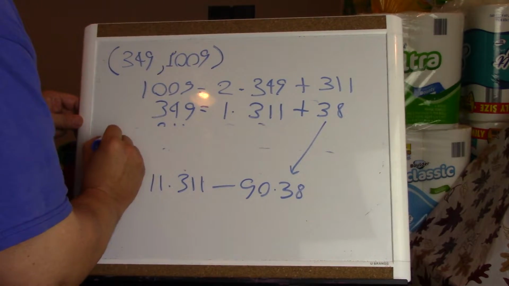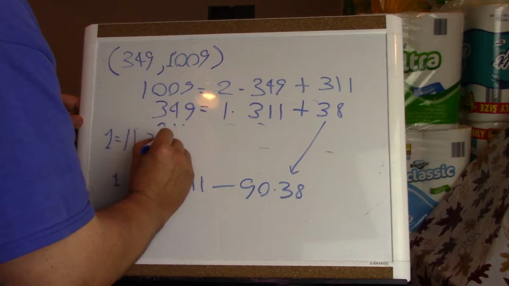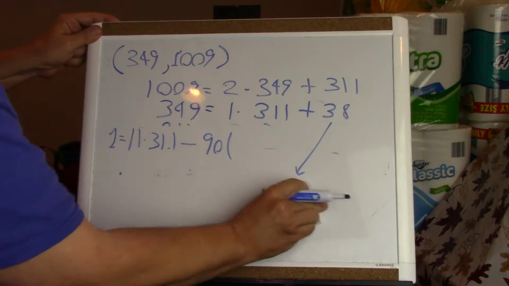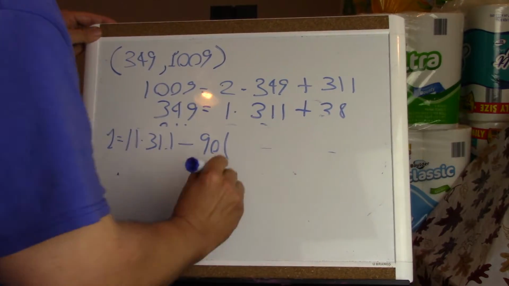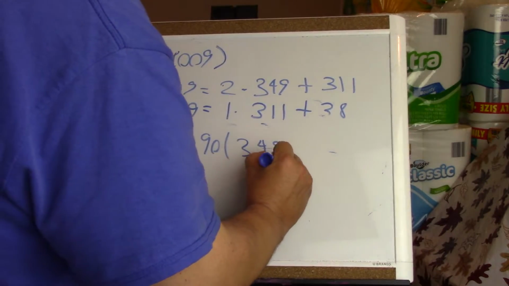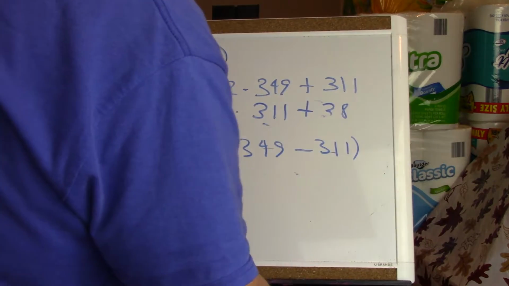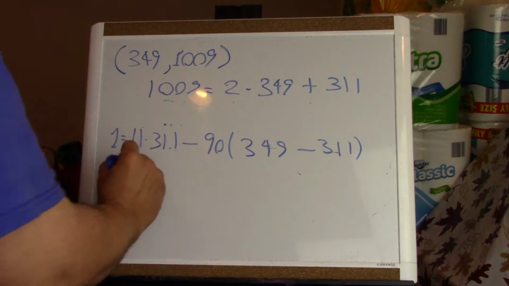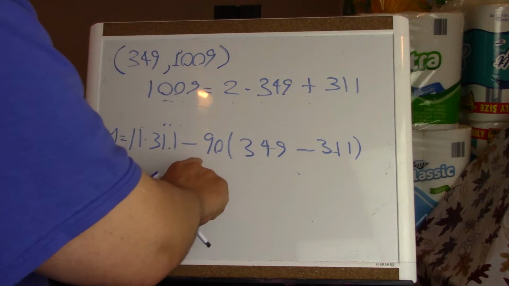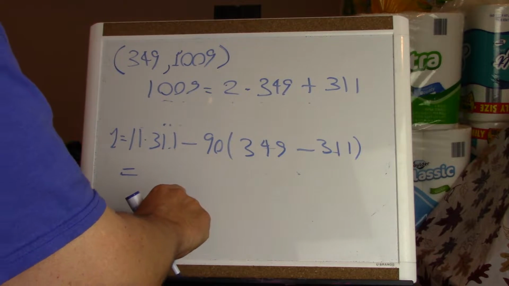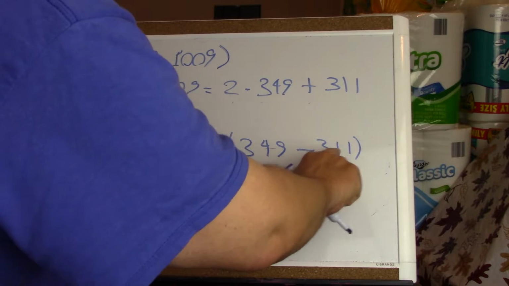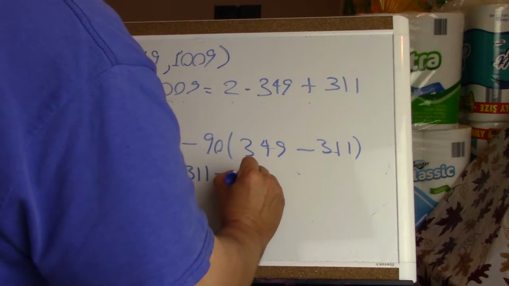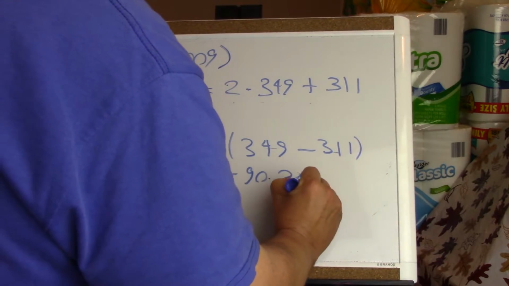And then now I'm going to put this in here. But I'm going to rewrite it up here. Whatever this is, which is 349 minus 311. Okay, and that tells me this is 101 times 311 minus 90 times 349.